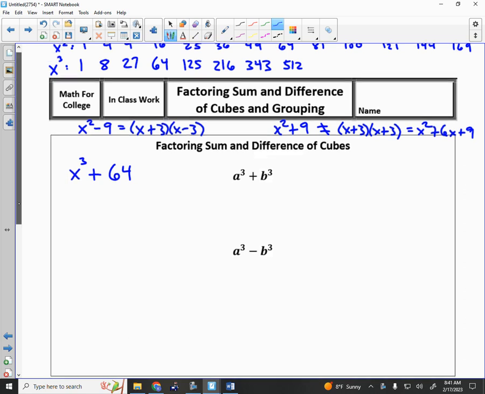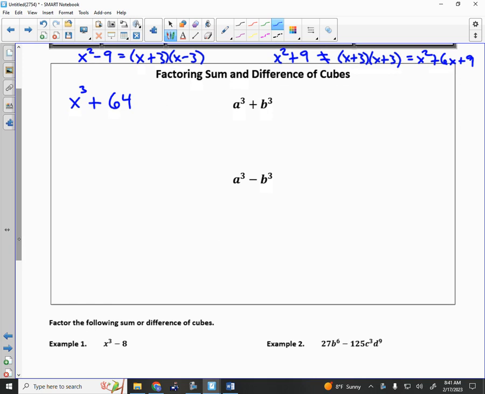So how do perfect cubes factor? I'll show you. This is the formula. A perfect cube factors to a binomial and a trinomial. And here's how it factors.